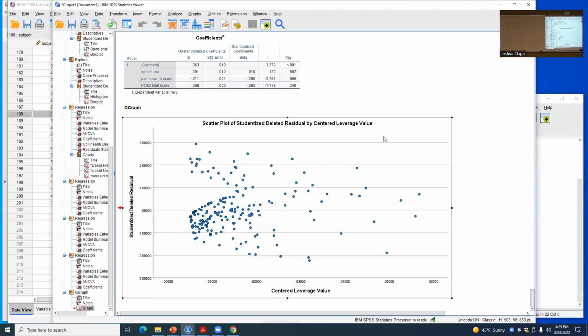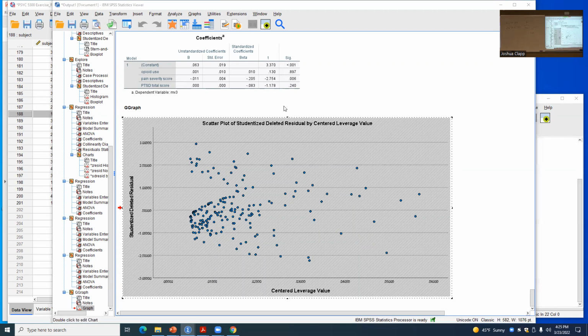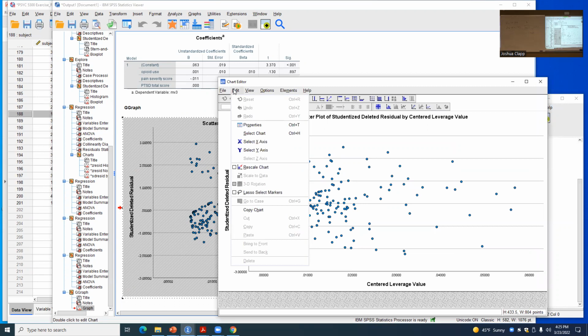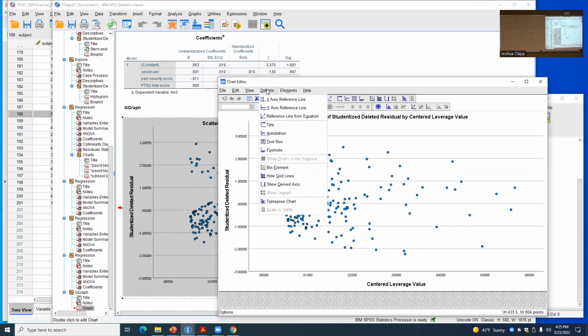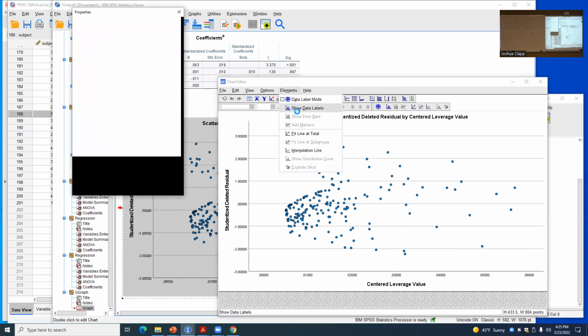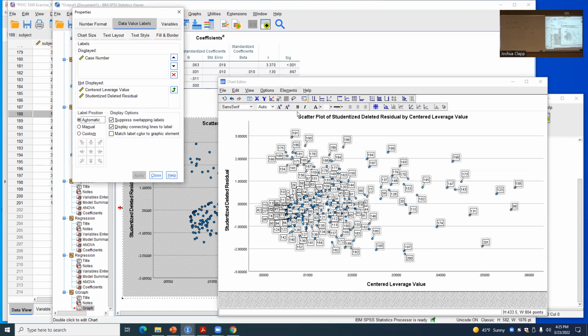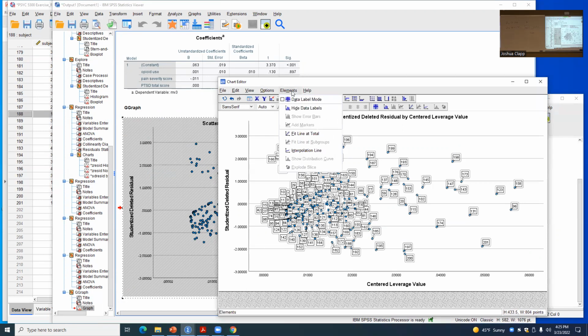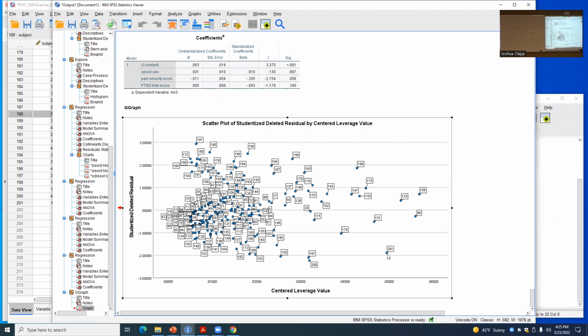One of the things I can do is double click this, hit elements, and hit show data labels. If I do that, remember, I've got right here 201.